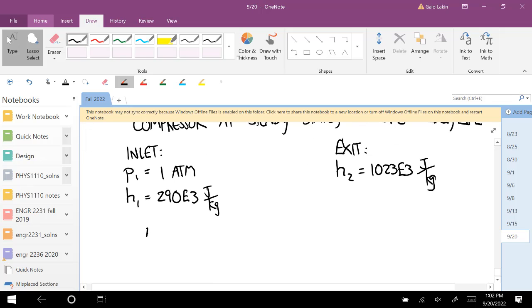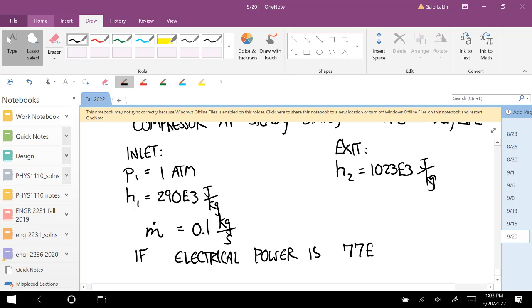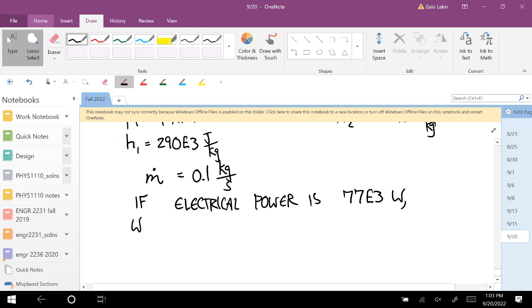So let's assume that the mass flow rate is 0.1 kilograms per second. And if the electrical power is 77 times 10 to the third watts, what's Q?